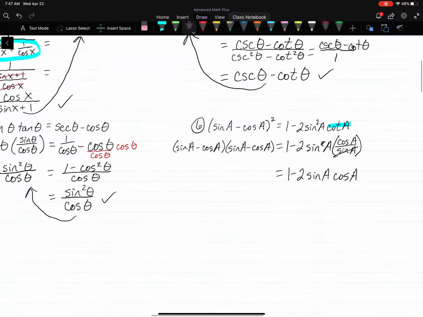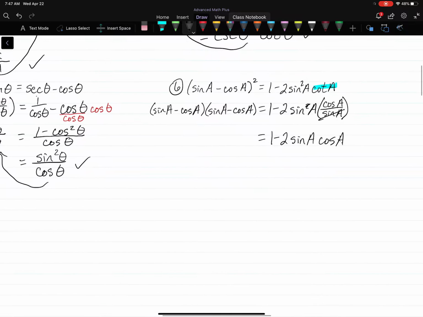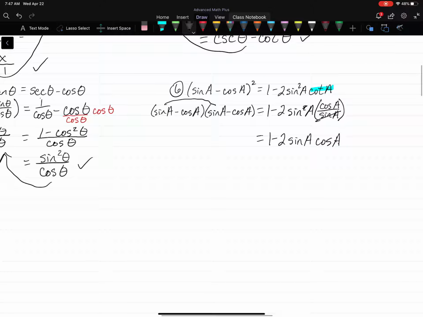And we're going to do the old FOIL method. So we're going to multiply. Sine times sine is sine squared alpha. I don't get to just do the first and the last on this one because they're not conjugates. They're the same thing. You can only do that first and last when they're conjugates, okay? So sine times sine is sine squared a.